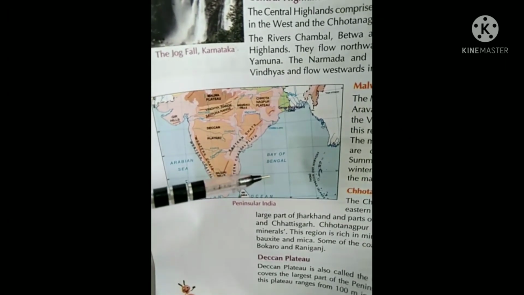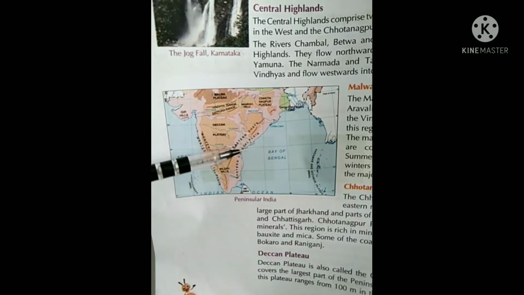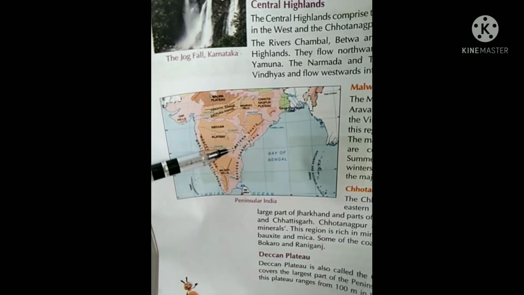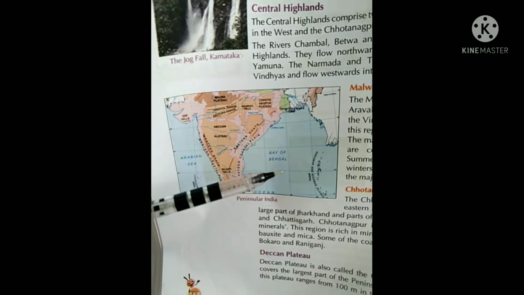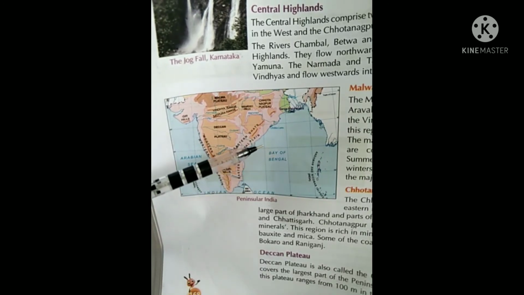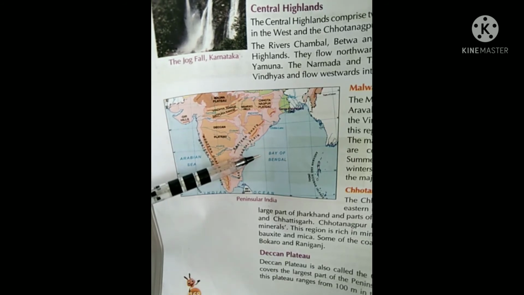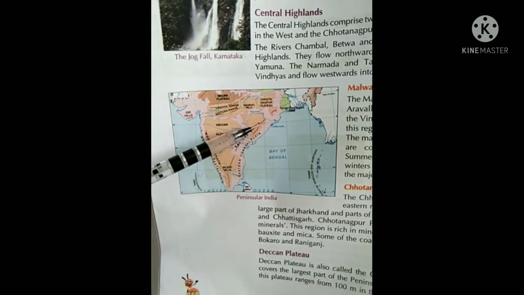It includes delta. Delta means a low triangular area, in West Bengal. And after that, you can see Odisha, Andhra Pradesh, Puducherry, Tamil Nadu coasts. Through this we can see all the eastern coastal plain.